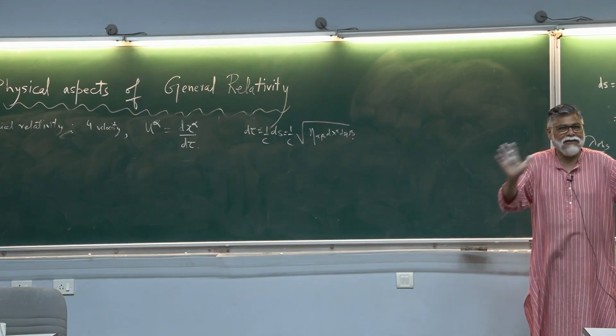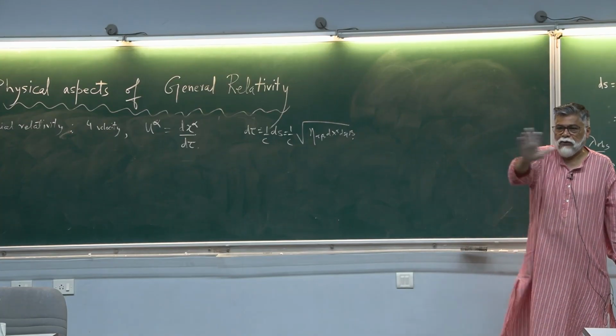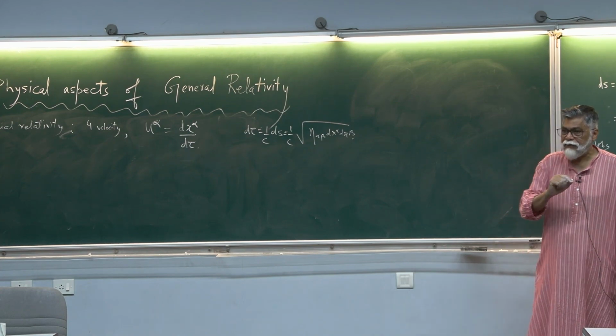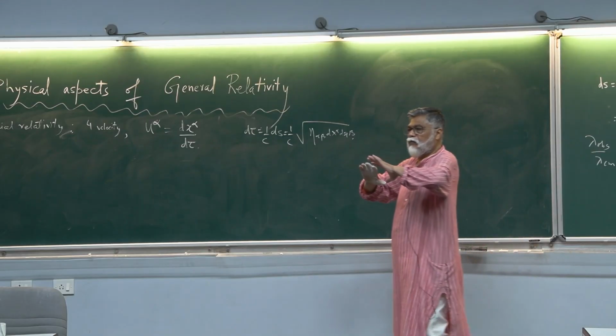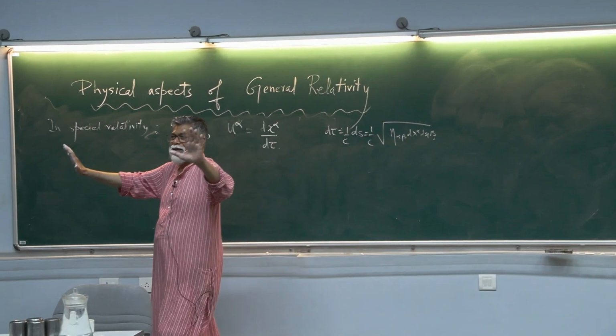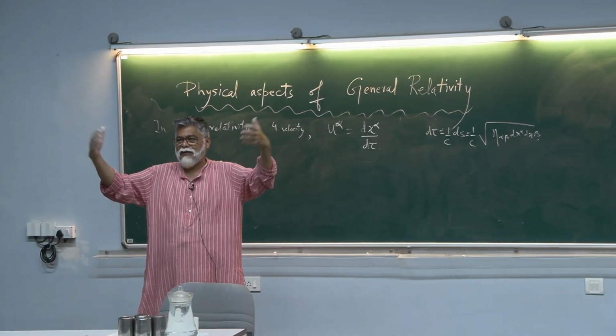The prescription is very simple. Wherever you have eta mu nu, replace it by g mu nu. Wherever you have an ordinary partial derivative, replace it by a covariant derivative. If you do that, whatever laws you have formulated in special relativity, you get the effect of gravity on that system.